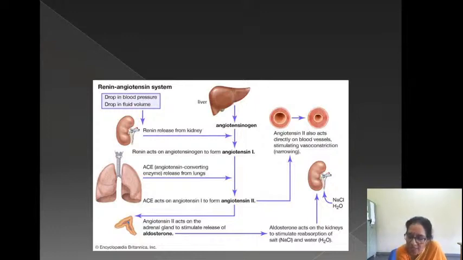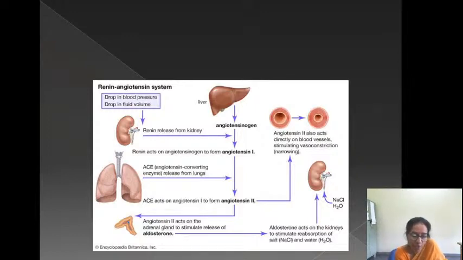Whenever this vasoconstriction is there, your systolic and diastolic BP will increase. The other function of angiotensin 2 is that it will decrease the excretion of water and salts from your kidneys. Angiotensin 2 also acts on the efferent arterioles of the kidneys, so that it reduces blood flow through the peritubular capillaries.